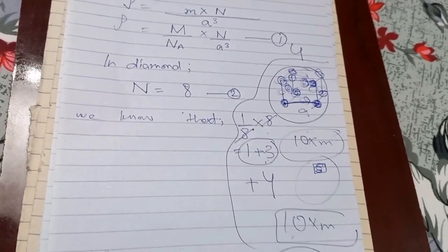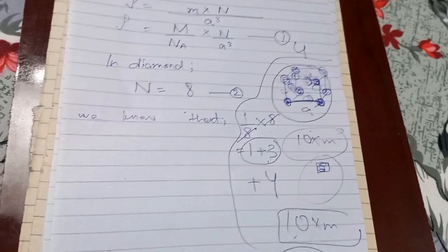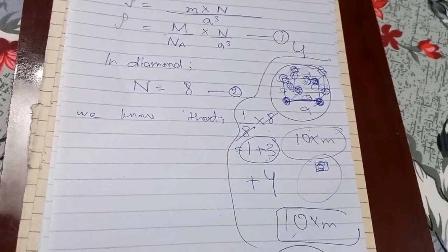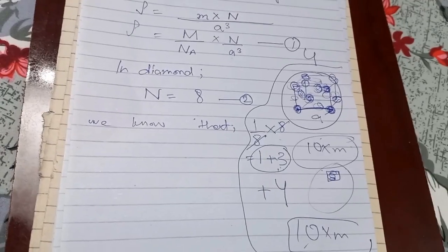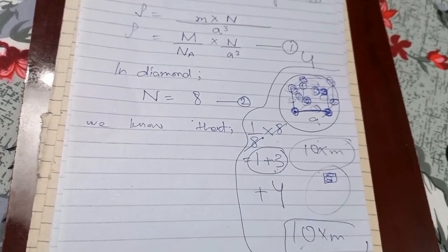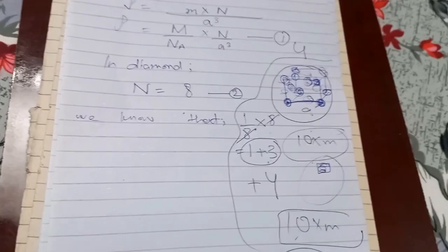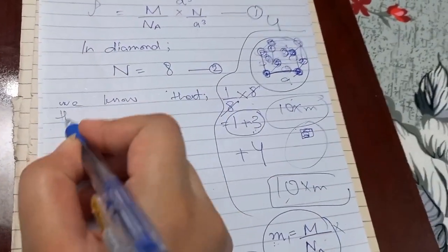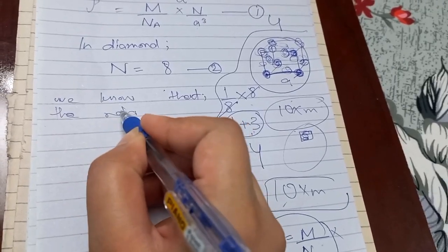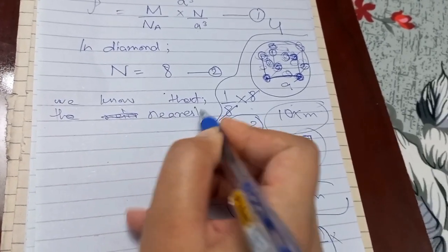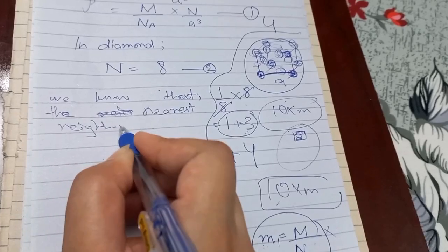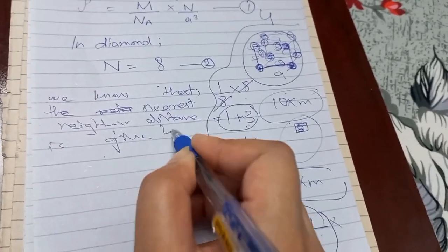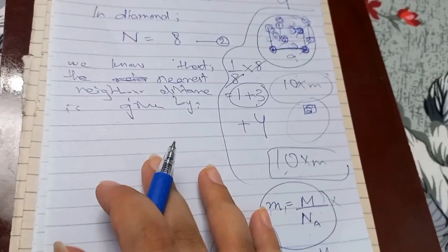It's easy to remember those formulas, and we can obviously understand how to derive them, so we can justify them. We should know how to justify them, but it's not always necessary to derive them again and again. We know that the nearest neighbor distance is given by, in diamond, a relation which is true for diamond structures.